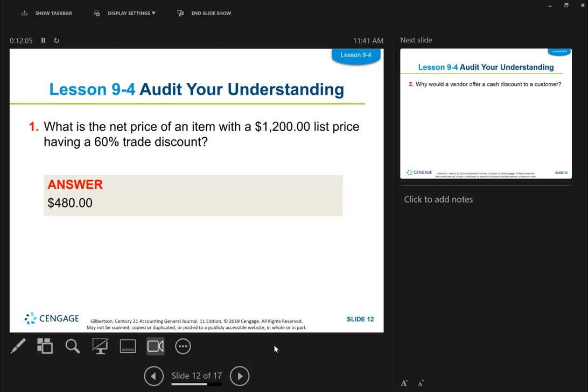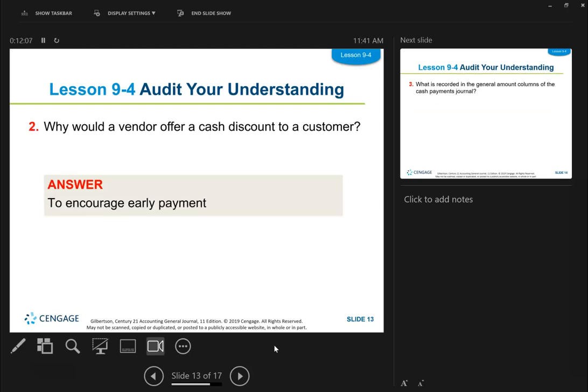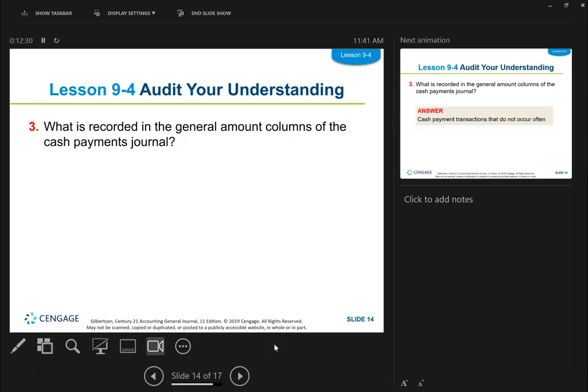So pretty good discount if you can get it, right? Why would a vendor offer a cash discount to customers? Encouraging early payment. It's less work for your business to have the debt paid immediately, and there's no tracking and having to invoice and follow up and make sure bills get paid. You don't have to carry that. You get your money as early as possible.